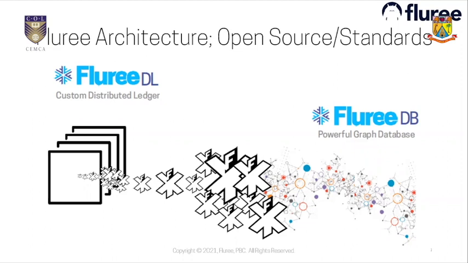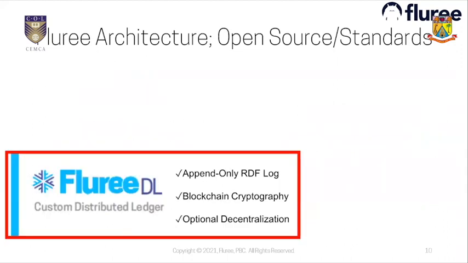This is a way that you can separate the database into two parts. In this case, Flurry DL is the persistent storage, and Flurry DB is a stateless query interface. Flurry DL is the transaction engine for the system, providing ACID guarantees one would expect from an enterprise operational data store.